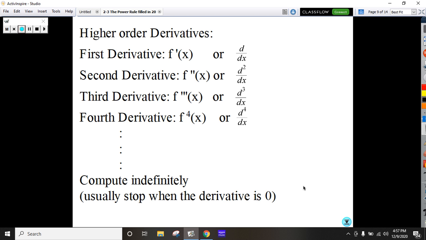So you can continue on past that. Say I wanted you to find the 8th derivative, and the 6th derivative was 0. Well, that means the 7th derivative is 0, the 8th derivative is 0, so it's going to be 0. That's typically why we tend to stop once we hit 0, but that doesn't mean we can't go past it.